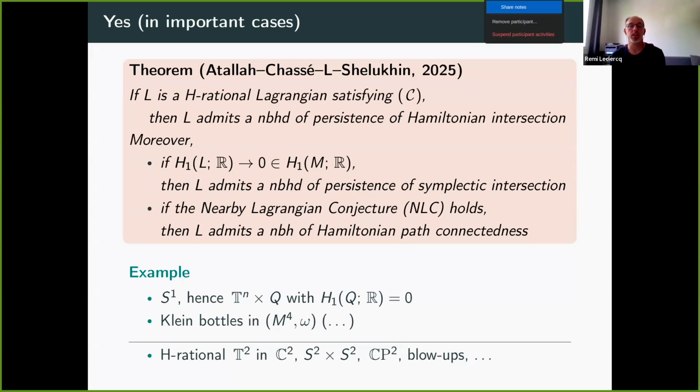If you thought about this question a bit, there's something which is clear and which goes back to Gromov, and that's what I explained earlier.